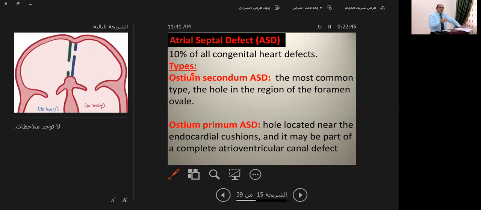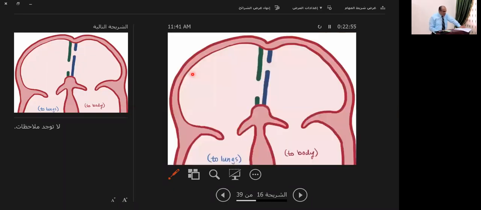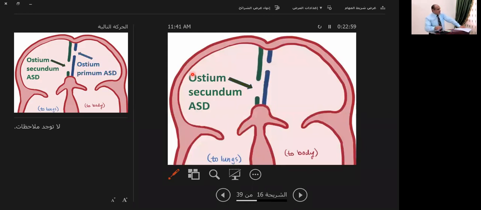While ostium primum, which is less common, has the hole located near the endocardial cushion, and this may be a part of the complete atrioventricular canal. This is ostium secundum; as you see, the hole is at the site of the foramen ovale.